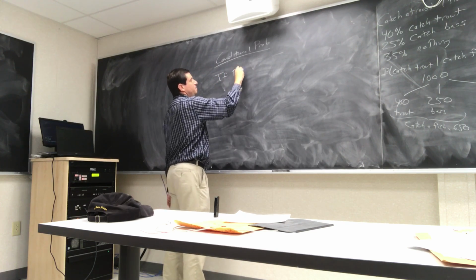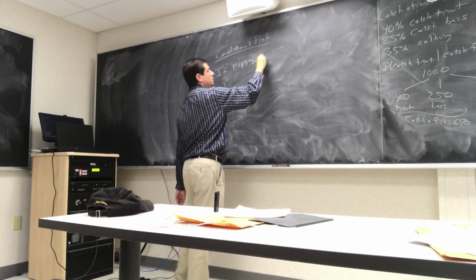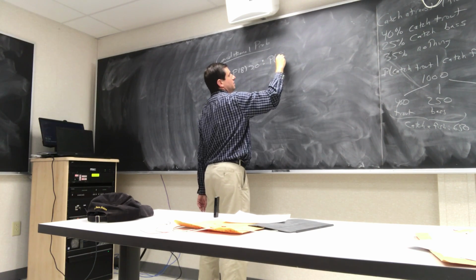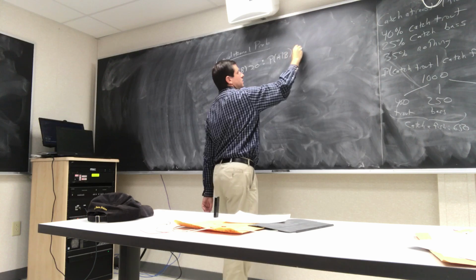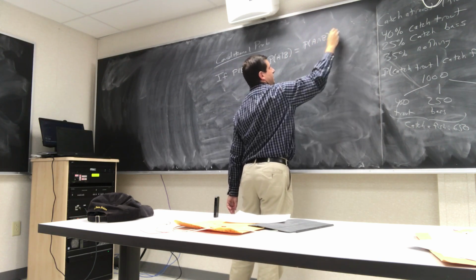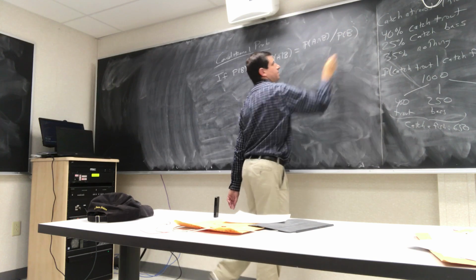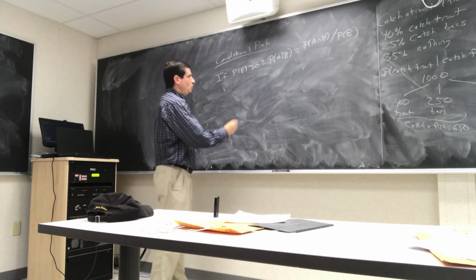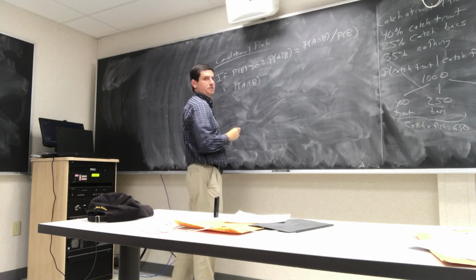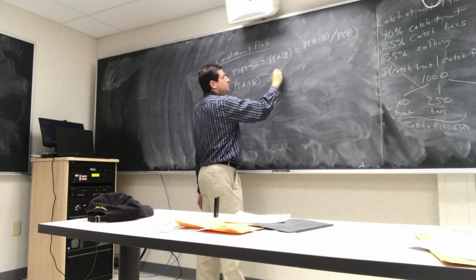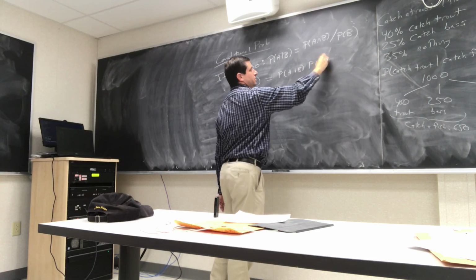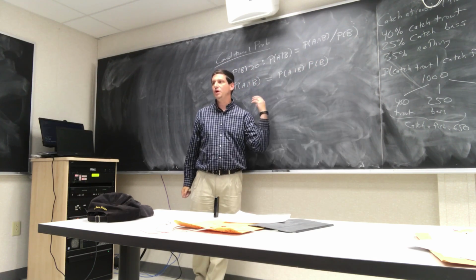If the probability of B is greater than 0, then the probability of A given B is the probability of A intersect B divided by the probability of B. We can rewrite this as the probability of A and B is the probability of A given B times the probability of B.